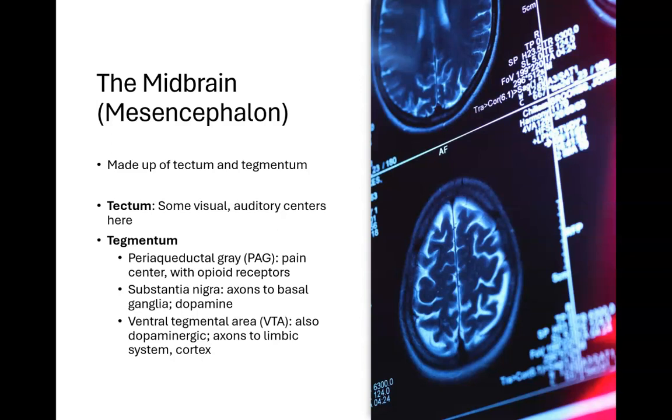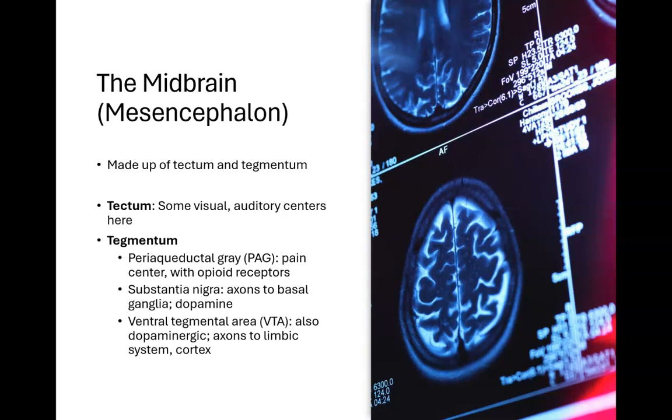Next, we have the substantia nigra. Axons in this area go to the basal ganglia, and they're very large users of dopamine. Dopamine is going to be critical for a lot of motor behaviors and a lot of habit learning behaviors that the basal ganglia engages in.